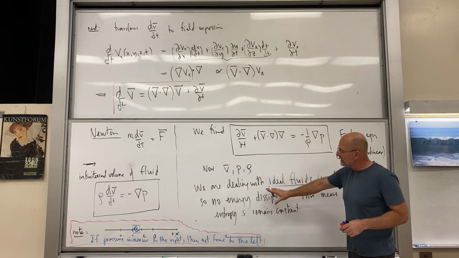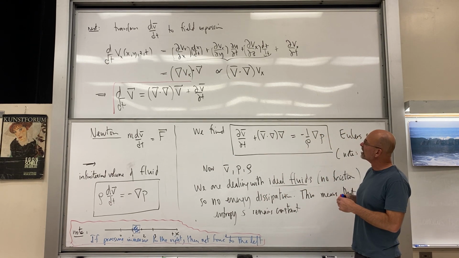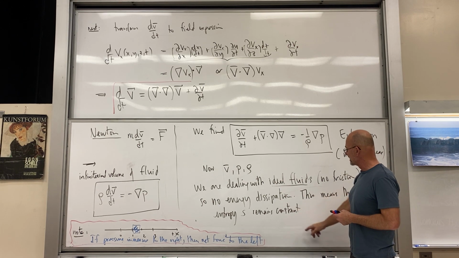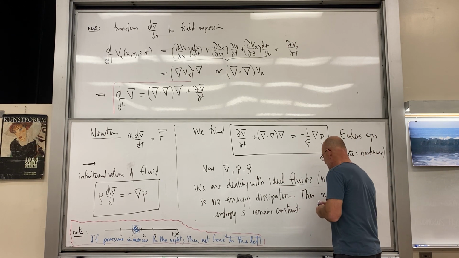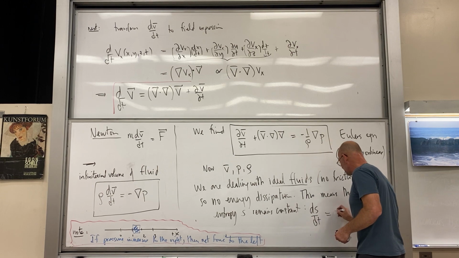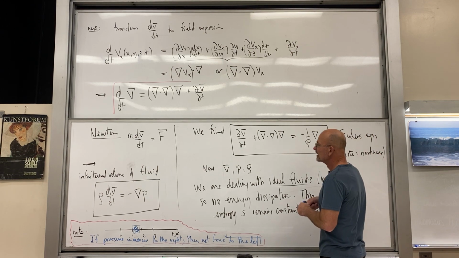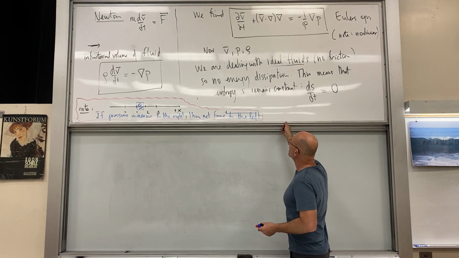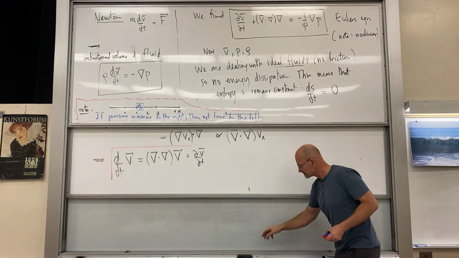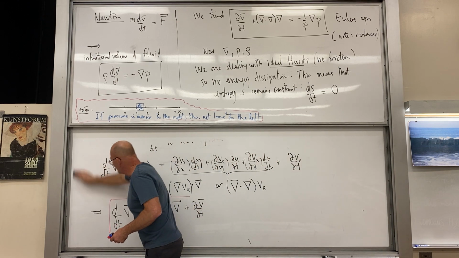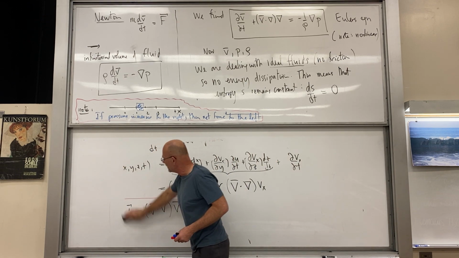So this is enough to get another equation of motion, and then we'll set them all up and discuss it a bit. The entropy remains constant: dS/dt equals 0. And again, we'll do this chain rule trick, but this one's a little simpler.